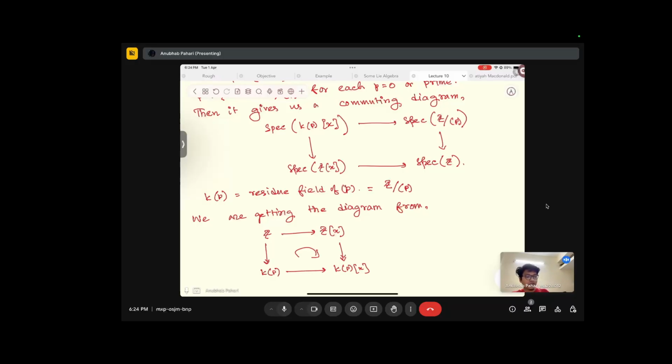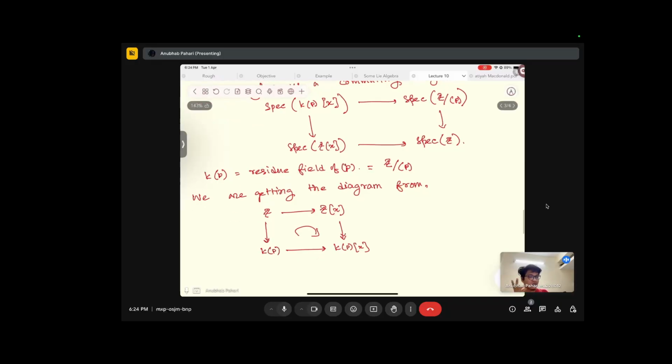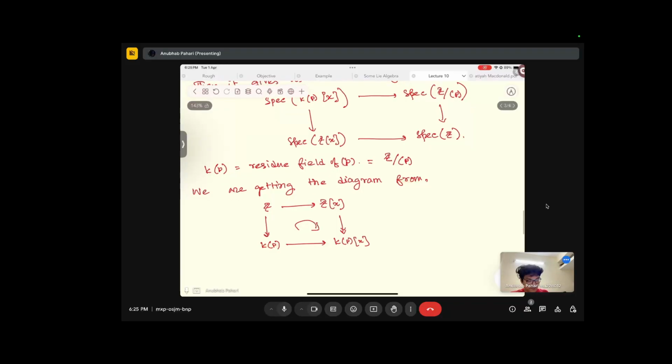Because taking spec is direction changing between the two categories, like affine schemes, or spectrums, and the category of finitely generated K algebras, or like rings. Okay.